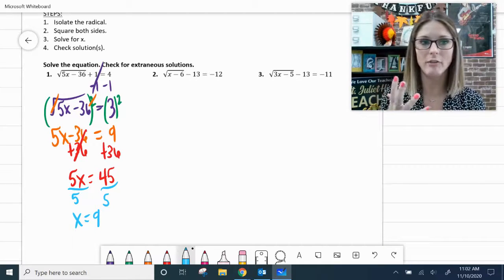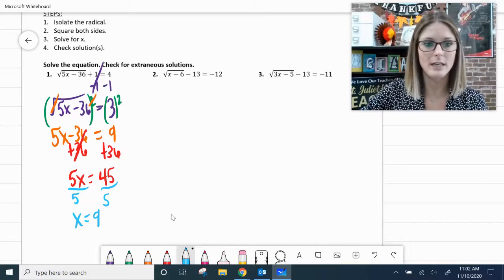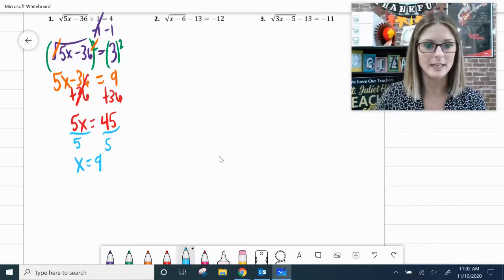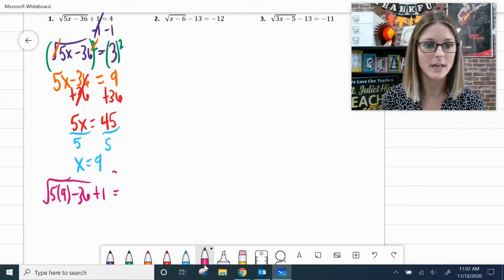Okay, so we did a great job solving. Number 4, we are going to check our solutions. So let me plug in 9 into our original problem. The square root of 5 times 9, make sure I make my square root big enough, minus 36, plus 1.